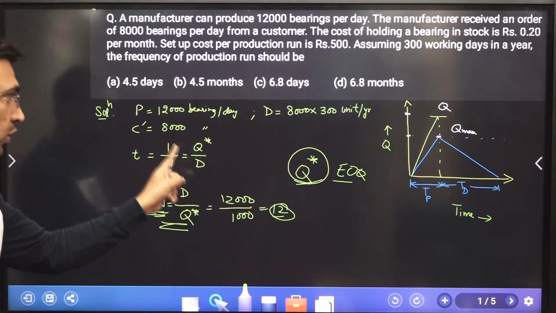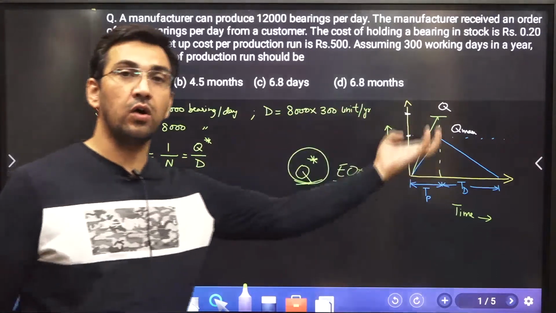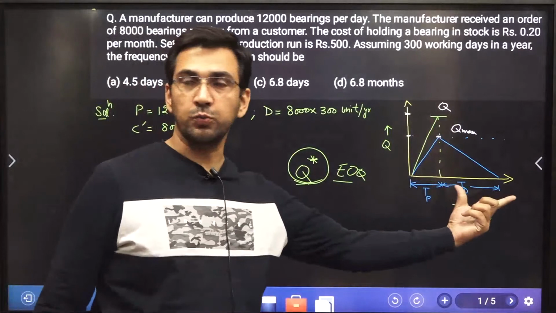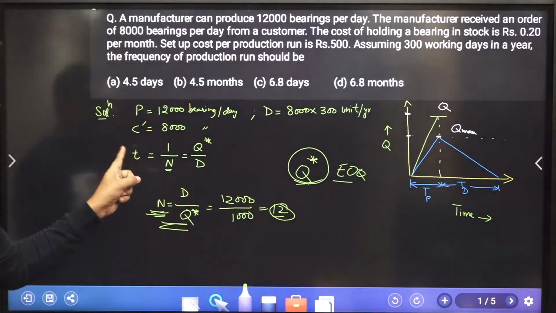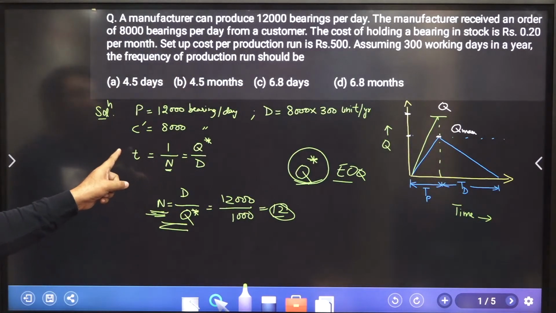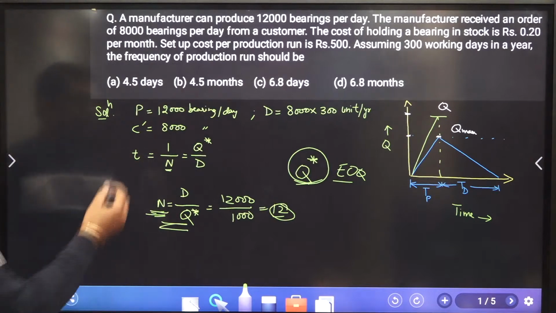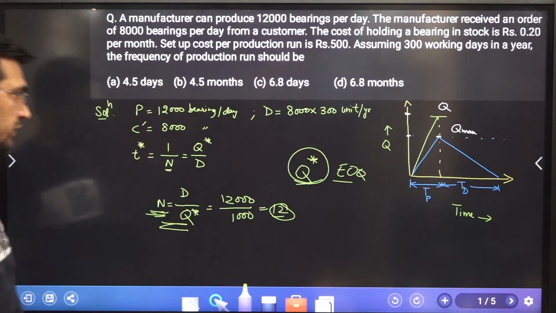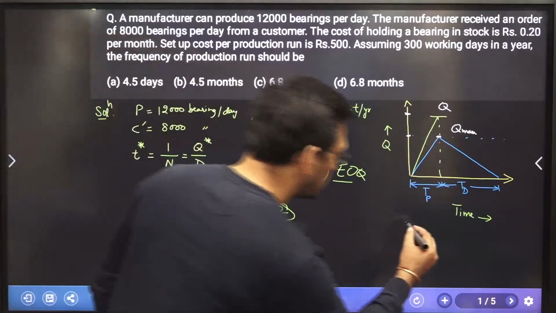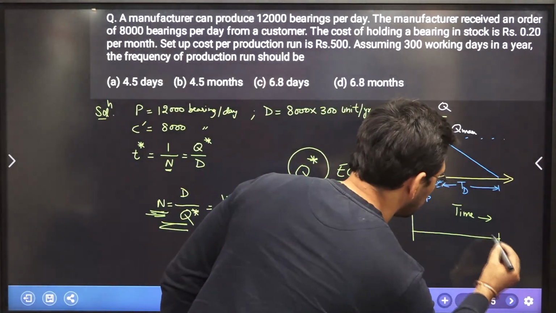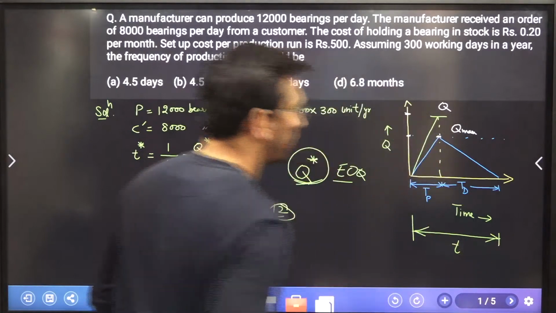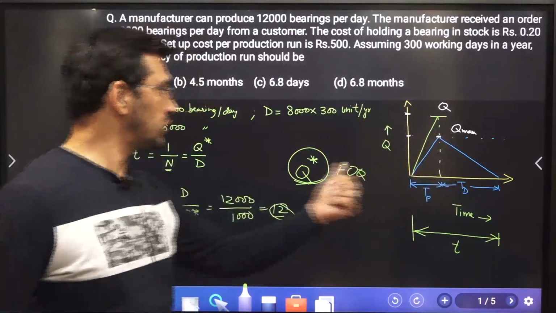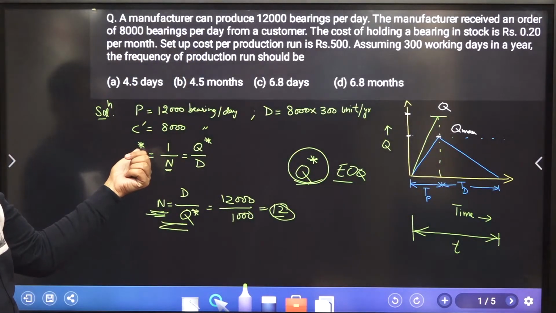And since this is the economic order quantity which is going to reduce the total cost, the cycle time corresponding to that quantity I will call the optimum cycle time, which is the frequency of production run, which will correspond to this. This is the cycle time T, but when I represent the same cycle time corresponding to the quantity Q star, I will denote it with T star.